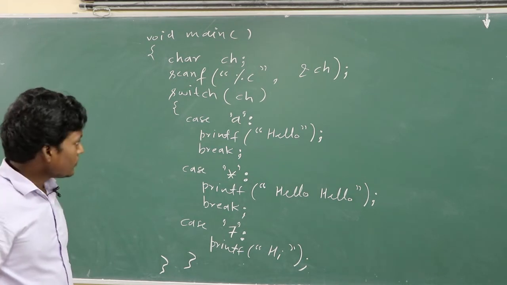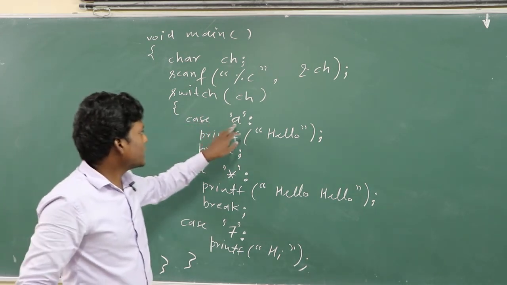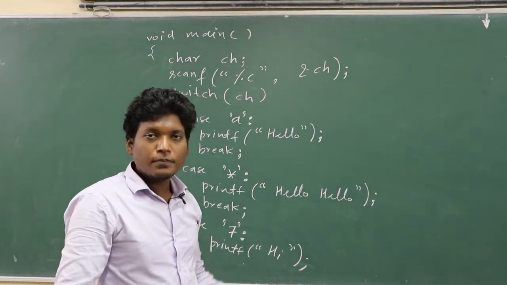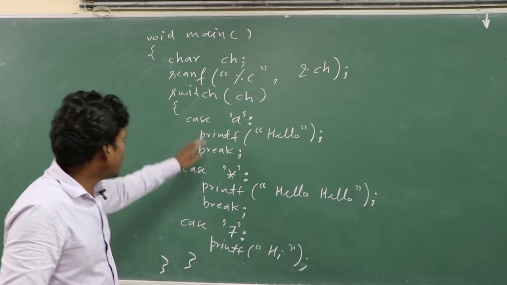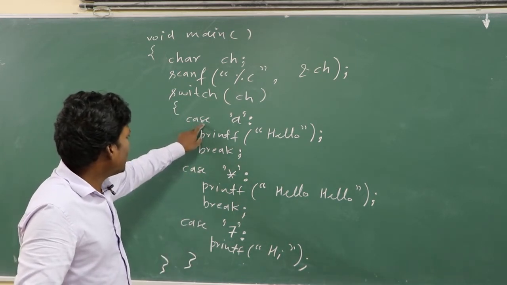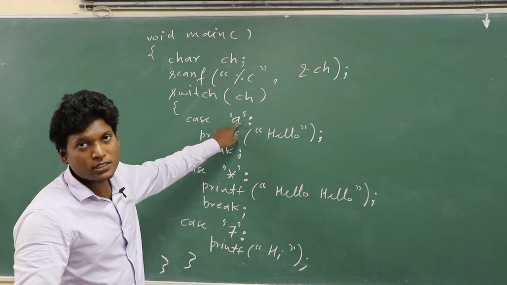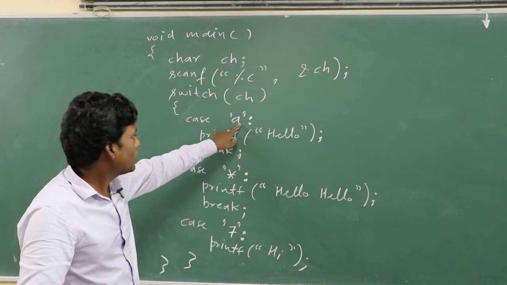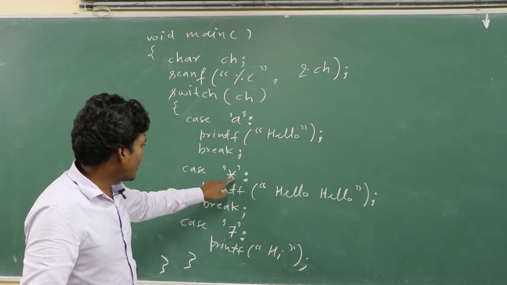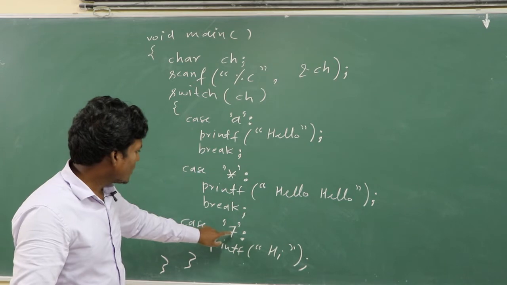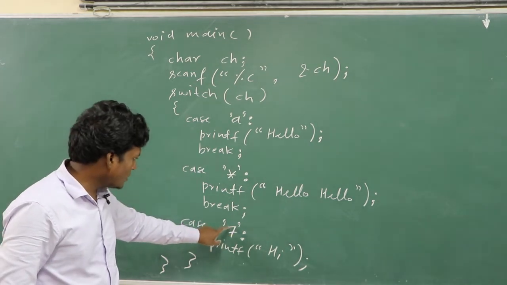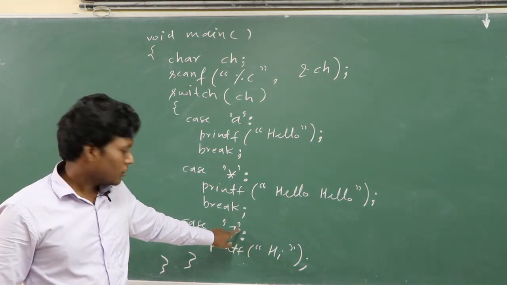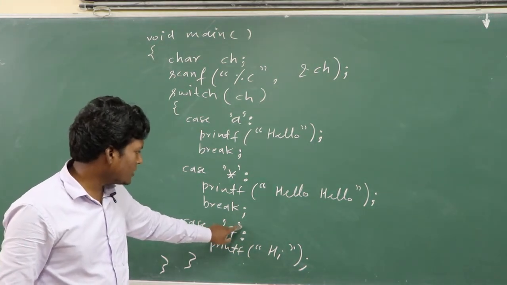Class, here you can see the case constant is different. In previous programs, case constants are integers, but here case constants are character constants. Case 'A' is a character constant, okay? This asterisk is a character constant. 7 is a character constant here because there is a left inverted comma and a right inverted comma.